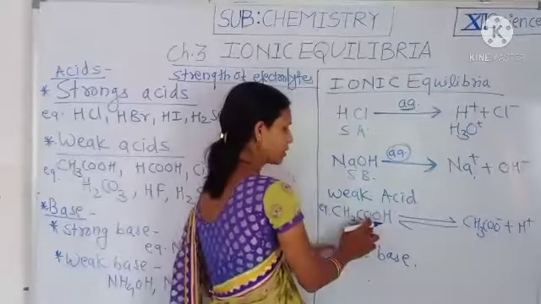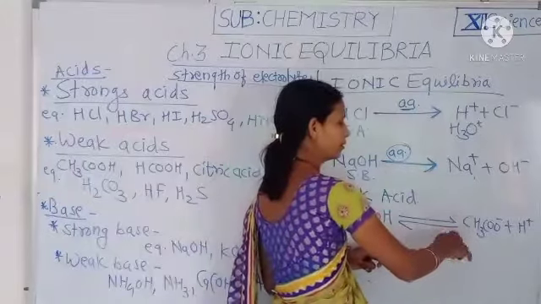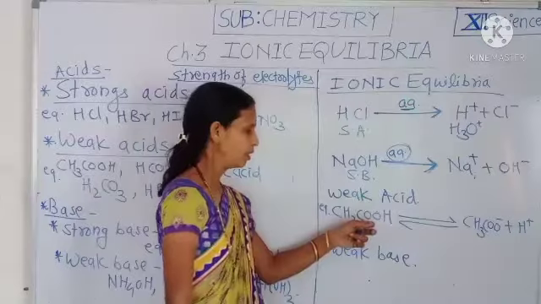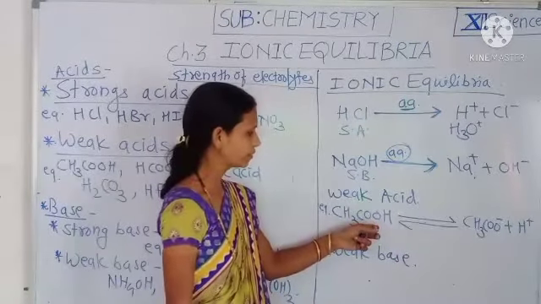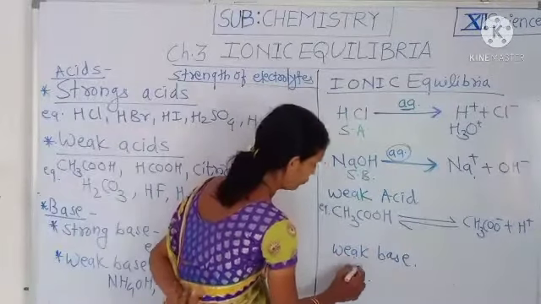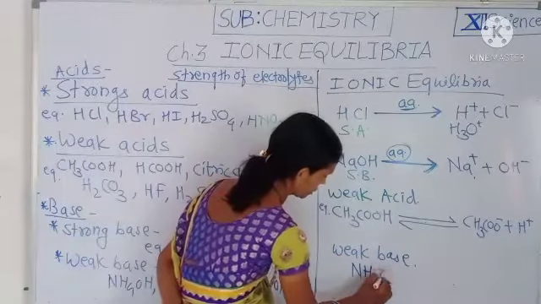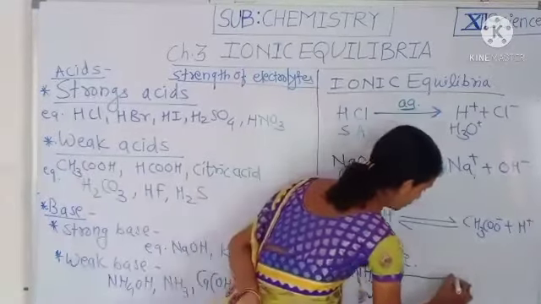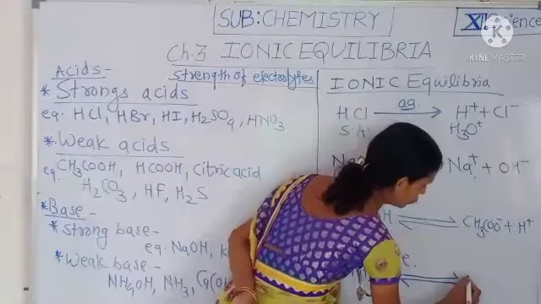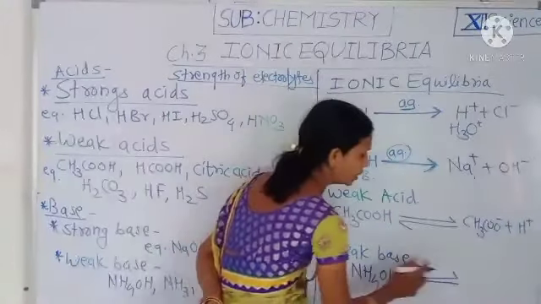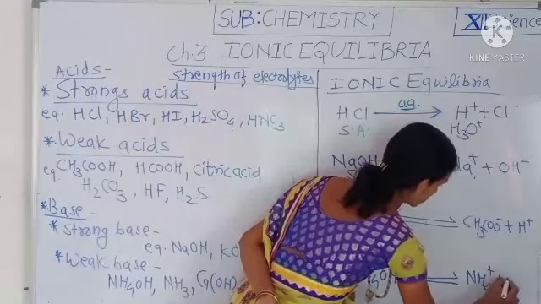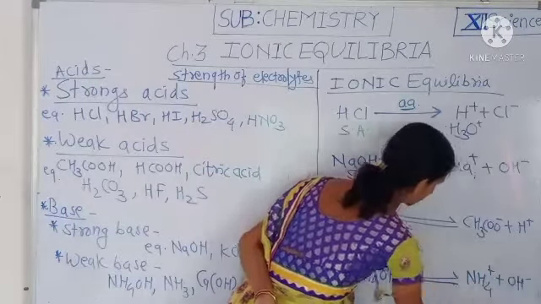And here equilibrium is attained between dissociated ions and unionized molecules of the electrolyte. That means, here is an example of a weak base, NH4OH. It also dissociates feebly, and very few molecules undergo dissociation to give NH4 plus and OH minus ions.